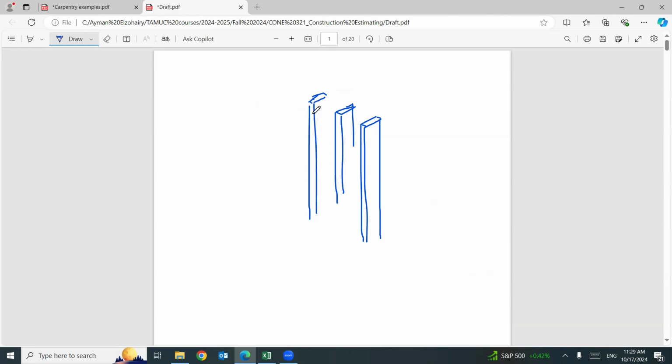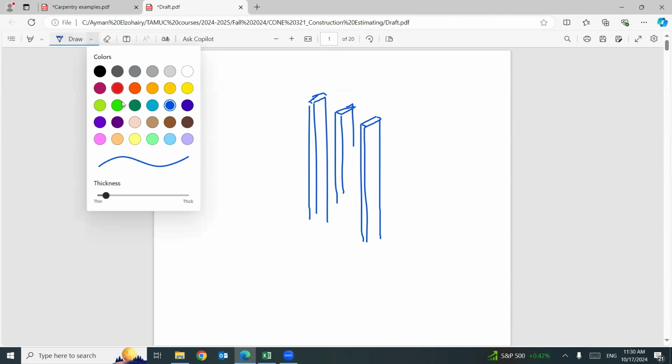So guys, keep in your mind, when you are going to construct your wall, here is the stud. Here is the second stud. Here is the third stud. And so on.